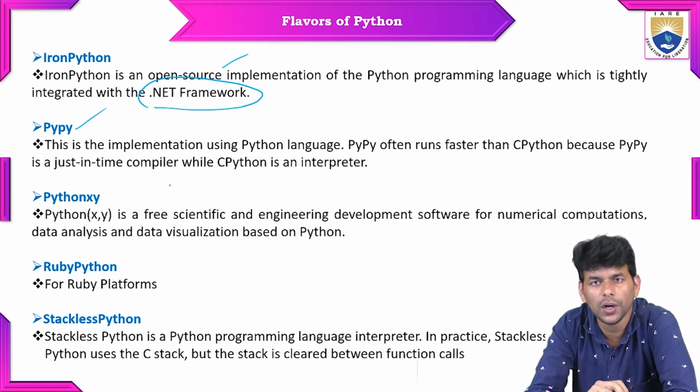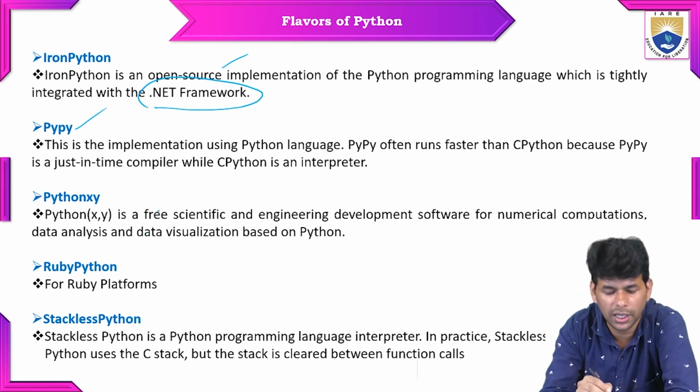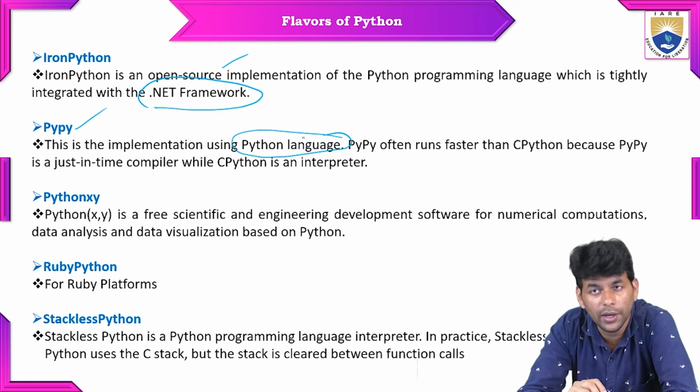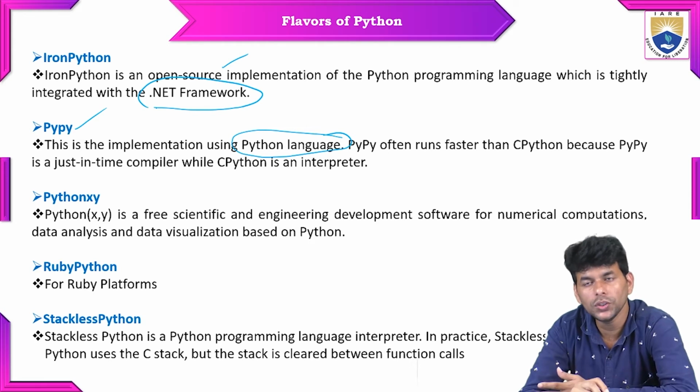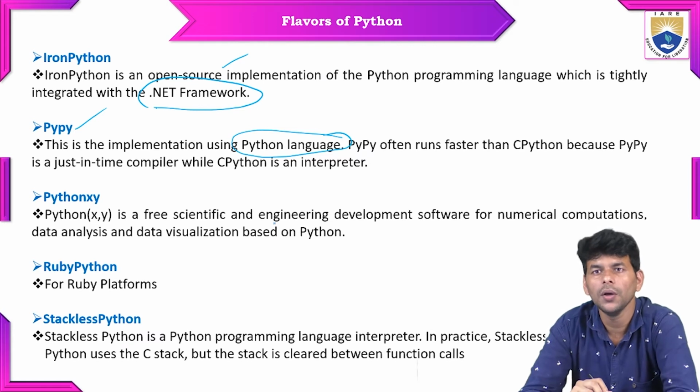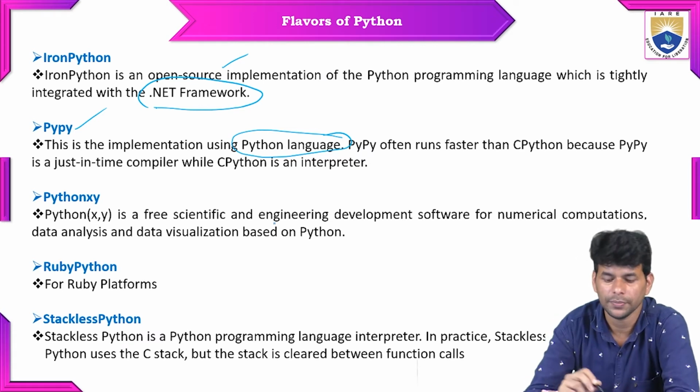PyPy is an implementation using the Python language. This particular flavor is implemented using Python language only. PyPy often runs faster than CPython because PyPy is a just-in-time compiler while CPython is an interpreter.